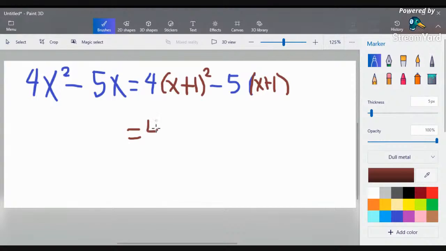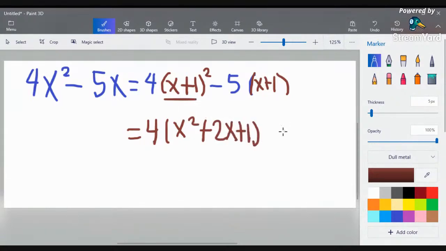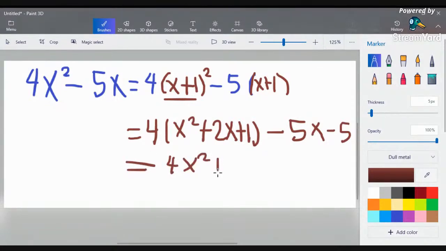That becomes 4 times x squared plus 2x plus 1. That will be the answer for this one. And minus 5x. Negative 5 times 1 is negative 5. Okay, so that is 4x squared plus 8x plus 4 minus 5x minus 5.